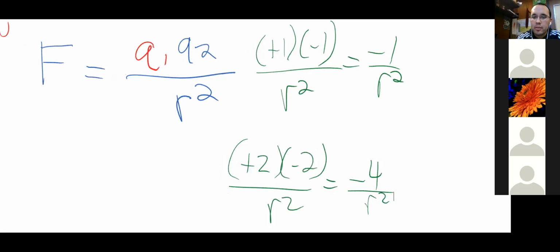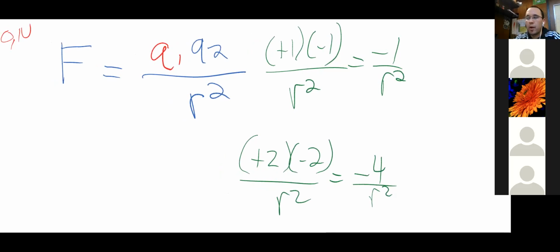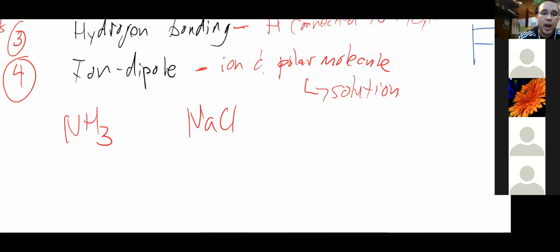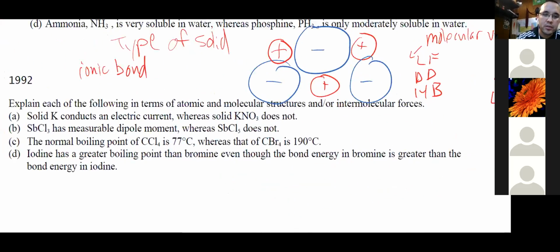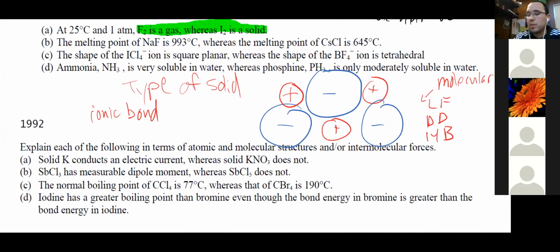What's the second part besides the charge of our particles that matters? The distance. The distance between them, okay? So let's go back and look at our solids that are being held together. What is the charge of sodium if it's an ion? +1, very good.